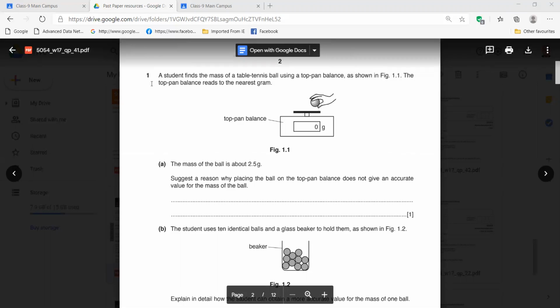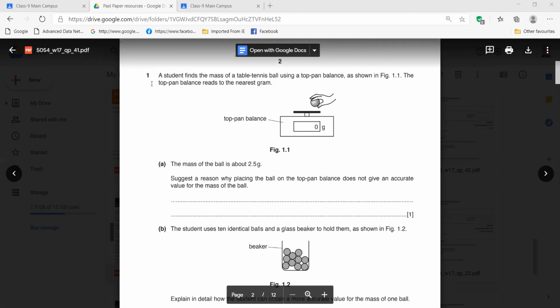Sir, zero error. Hmm? Zero error. Any other idea? Shafkat? Yes. Oh, sorry, I didn't see you. Which one, sir?